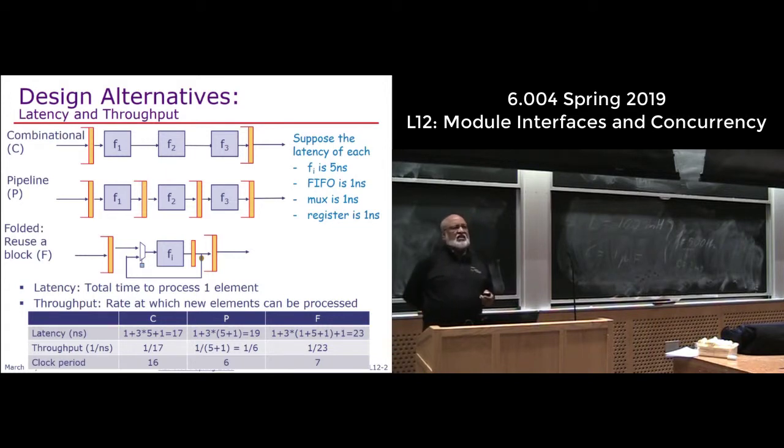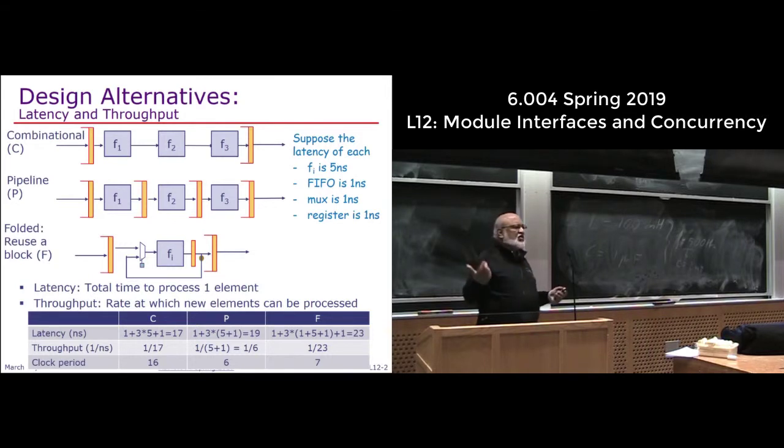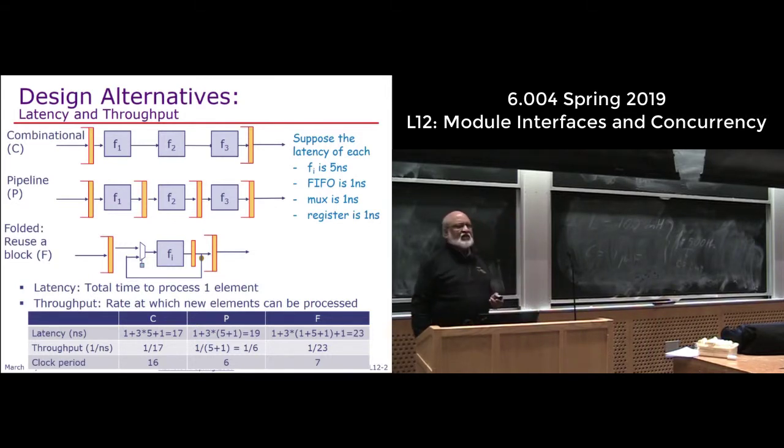On the other hand, if you see the second one, the pipeline one, what is the maximum logic between 2 units? It's 5 plus 1, so it's 6. Much faster than the first one. And the third one is also quite fast, because you have to only go through one of these combinational circuits plus a mux to go round and round in that case.